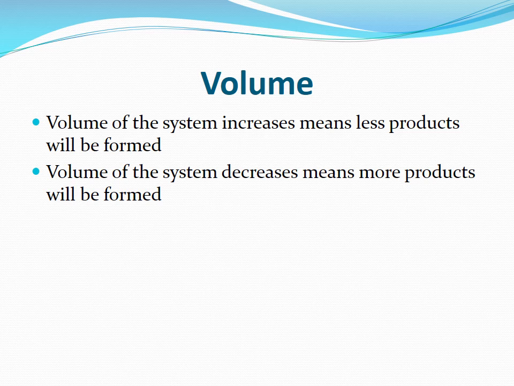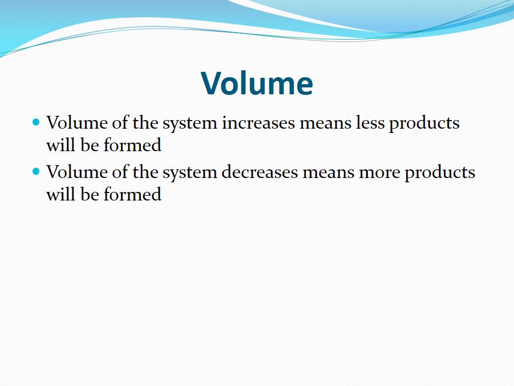If we take any closed container, the volume of the system decreases, and if the volume of the system decreases, there will be more collision between gaseous molecules, and due to more collision of the gaseous molecules, more products will be formed.